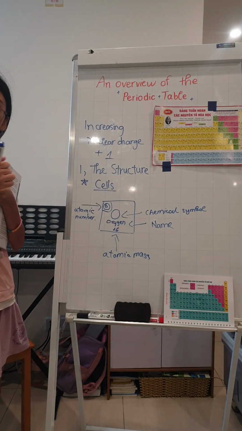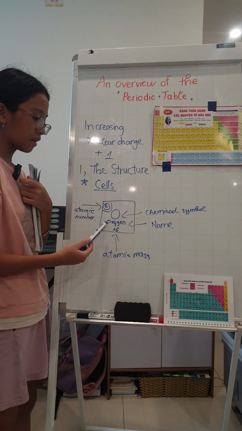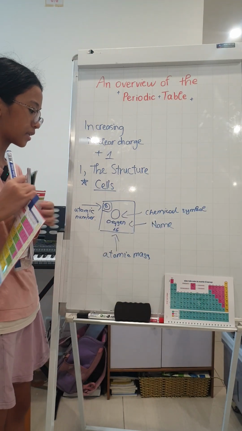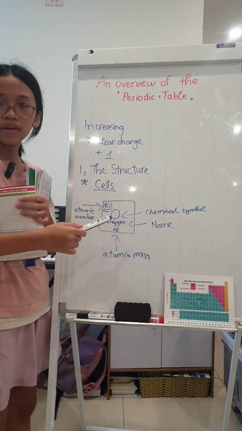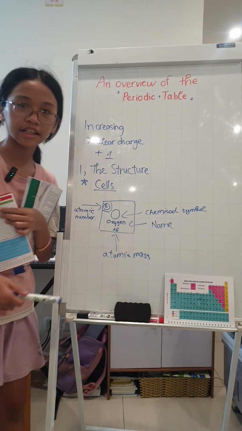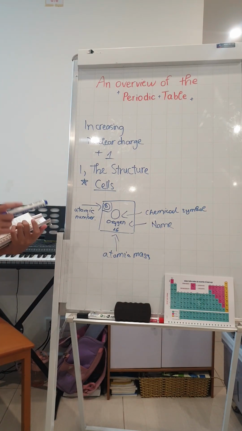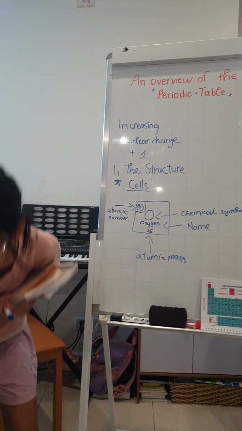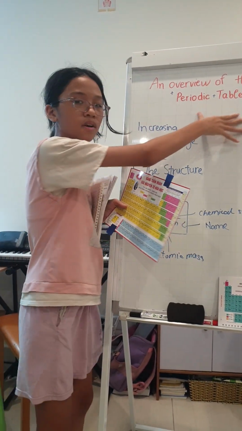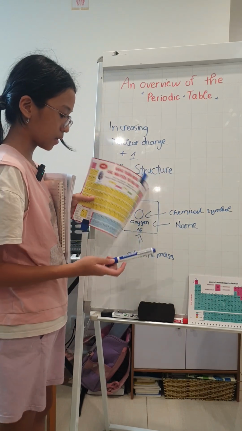So when we look at the cell, we know that this is the chemical element oxygen. Its symbol is O. Its atomic number is 8 and it has an atomic mass of 16. Pretty easy to understand. However, when you learn further about this, you see that some periodic tables have more detailed information, like this one.